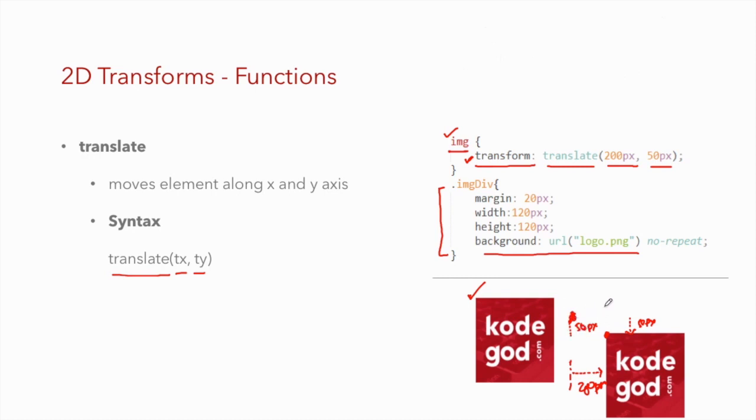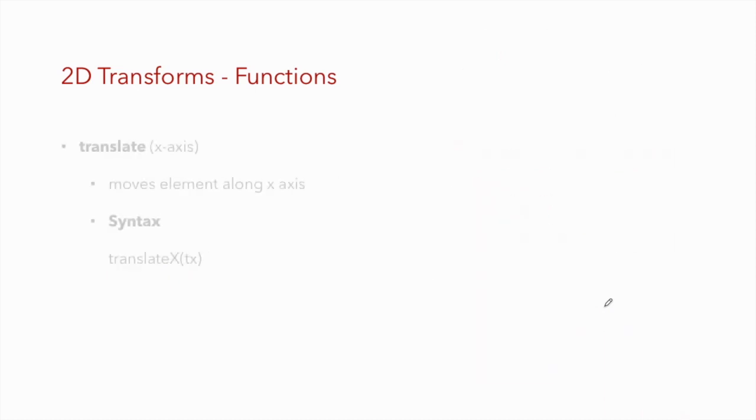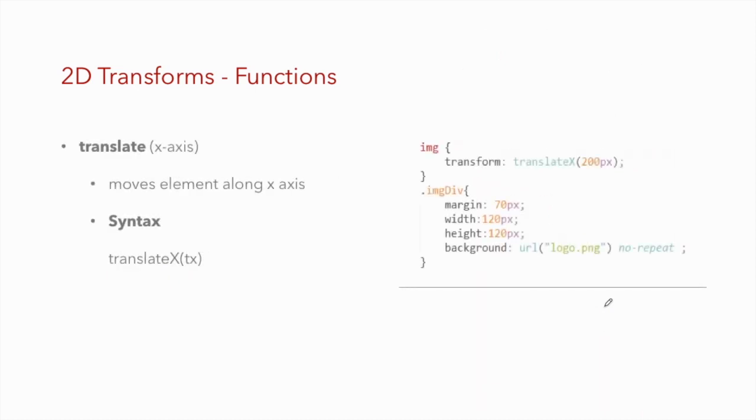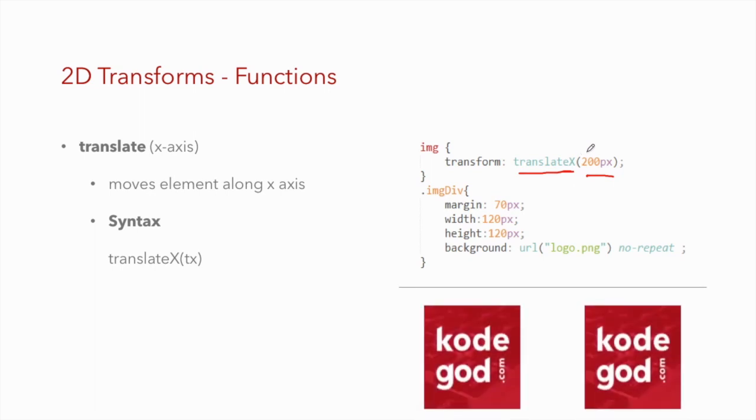So this was about translate, and we also have translateX and translateY. We just specify a single value, and with translateX the image will be moved along the x-axis only. You can have these values as negative as well. So this would be some effect.